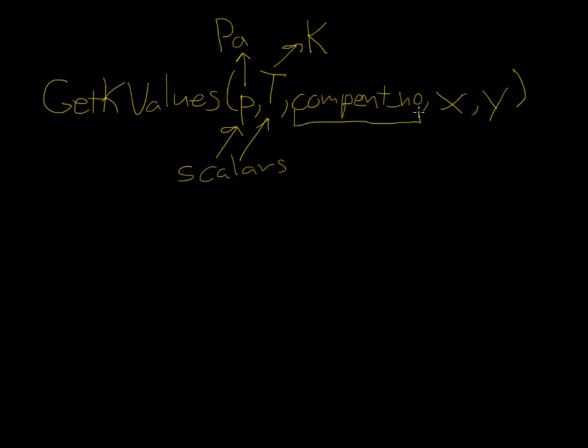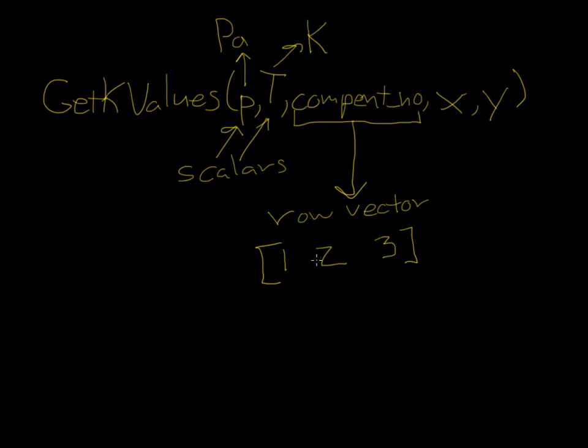Component number is a row vector. Right, so you'll enter it in brackets with whatever your component numbers are, separated by spaces. Say you want to look at component numbers 1, 2, and 3, and we'll talk about which chemicals these component numbers correspond to in a second.